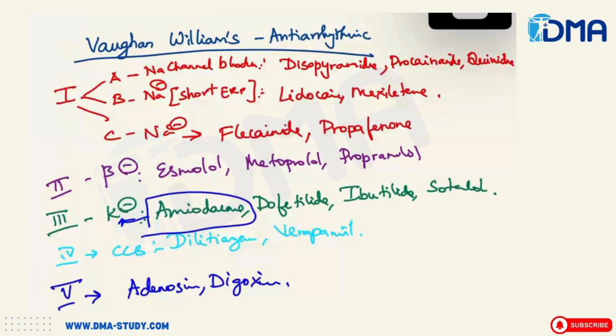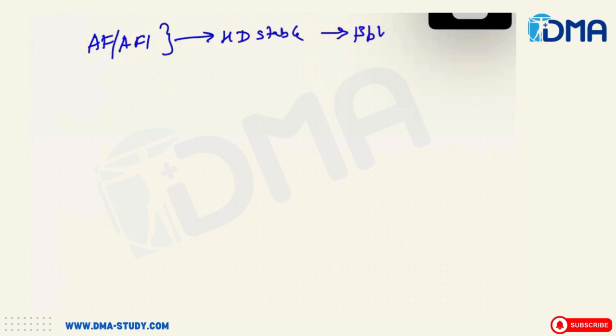Then coming to the types of arrhythmia and their particular treatment. How do you treat atrial fibrillation as well as atrial flutter? If the patient is hemodynamically stable, then you give drugs like beta blockers.